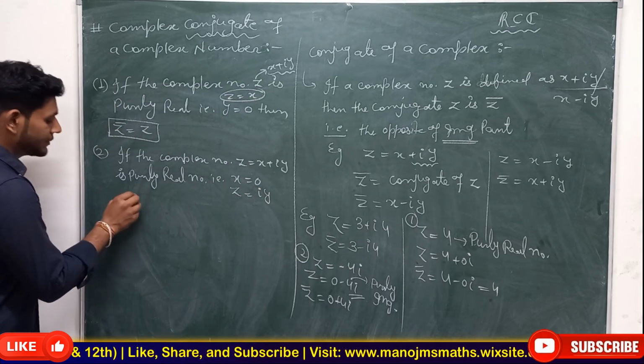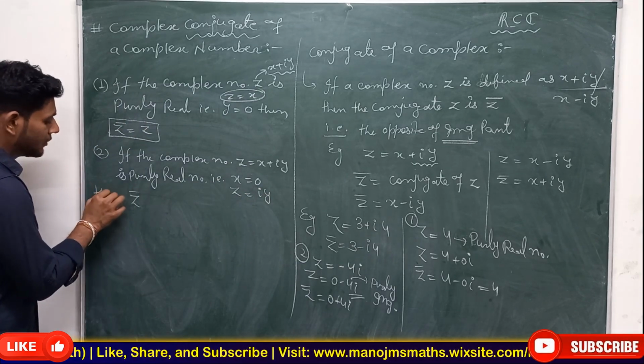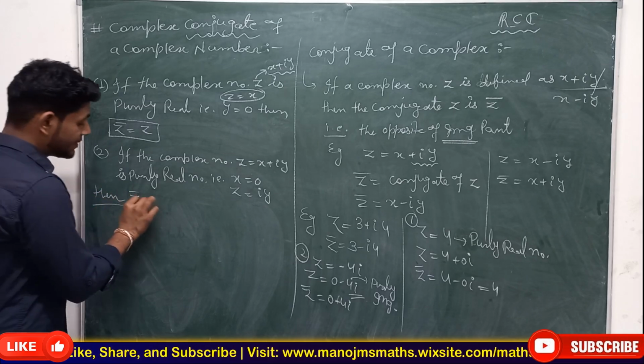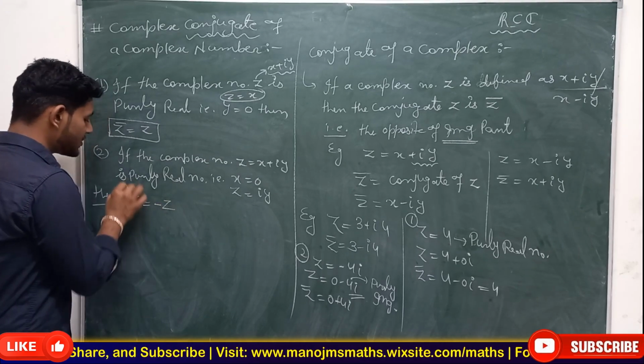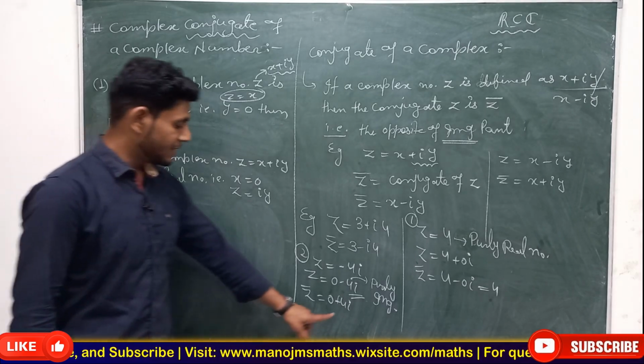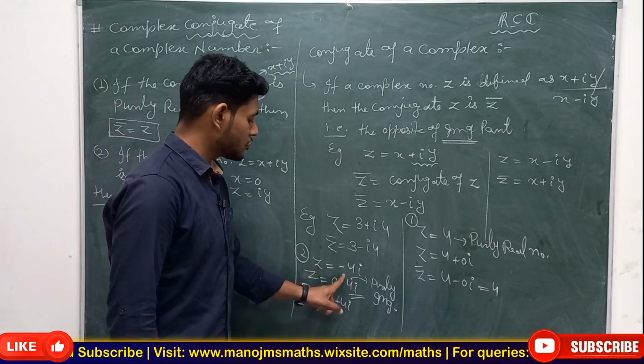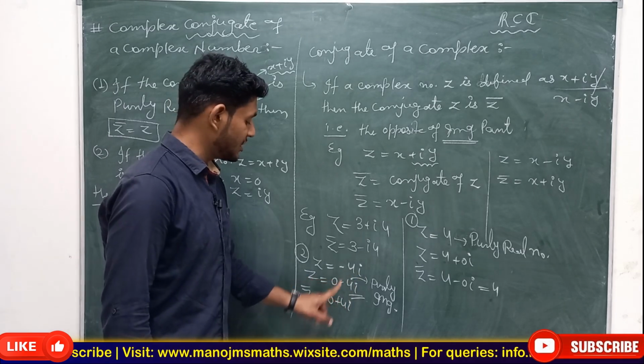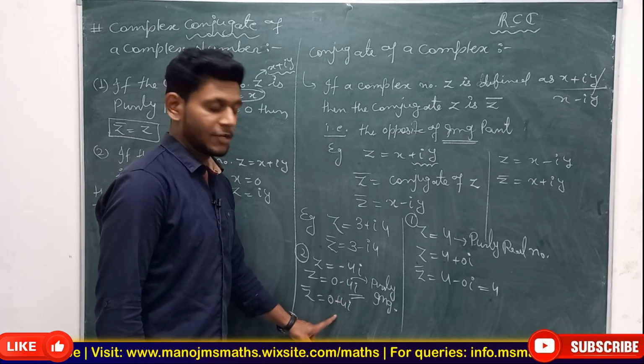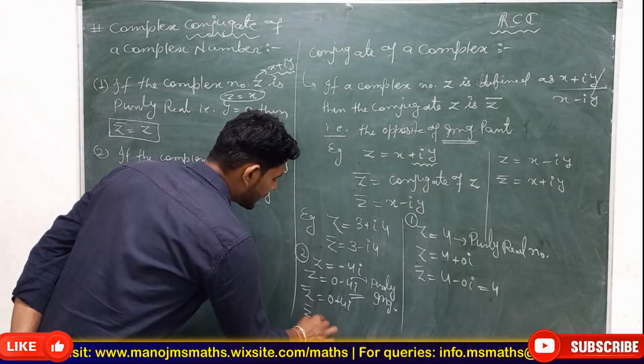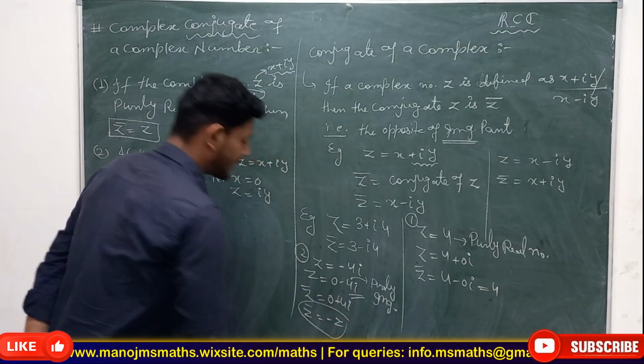So the z bar is equal to minus of z. You can see z is equal to minus 4 iota, and you are changing the sign minus to plus. So it is what? z bar is equal to minus z.